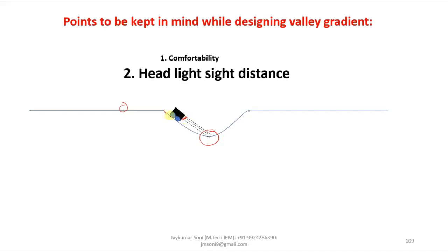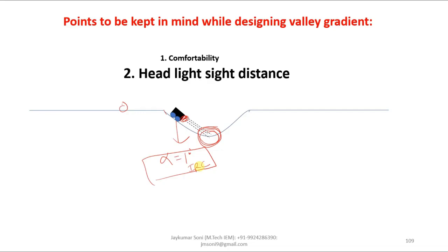So if the driver is traveling over this road, he will be able to see only this much amount of road with the help of these headlights. Now this angle provided over here is called alpha and it is 1 degree, and this is the IRC criterion.